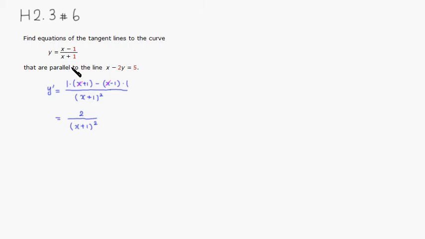Now, it says that the tangent lines are parallel to this line. So let's find the slope of this line. If you rewrite this equation, I'm going to try to isolate y. First subtract x. So you have negative 2y is equal to minus x plus 5.